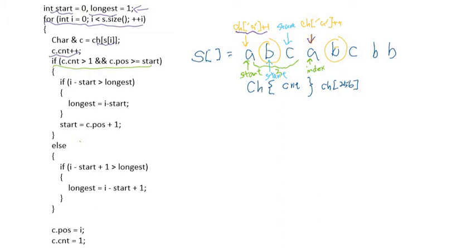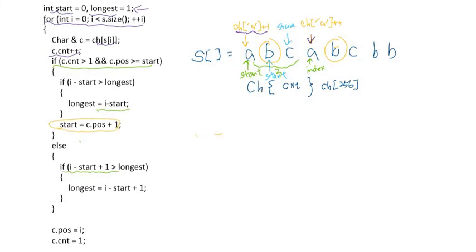If current character count is 1, the substring length is i minus start here. In our case, the substring length would be i minus start plus 1, because current index character is not repeated.